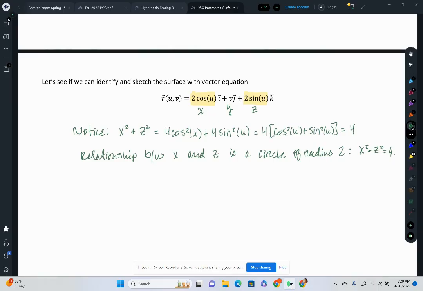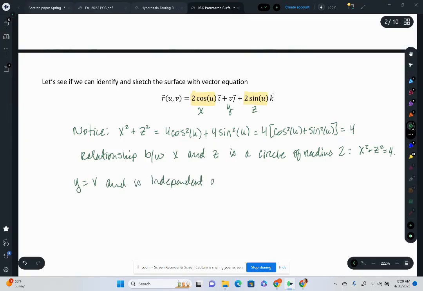Like y gets to be whatever it wants to be, while x and z have a circular relationship. So y is just v and is independent of the circular relationship between x and z.